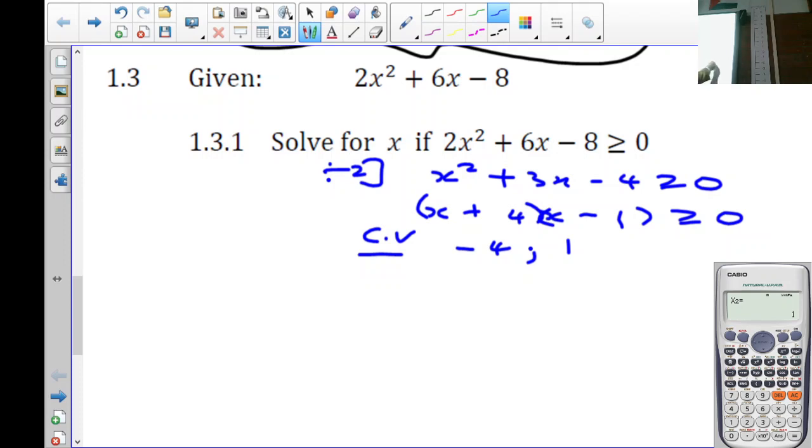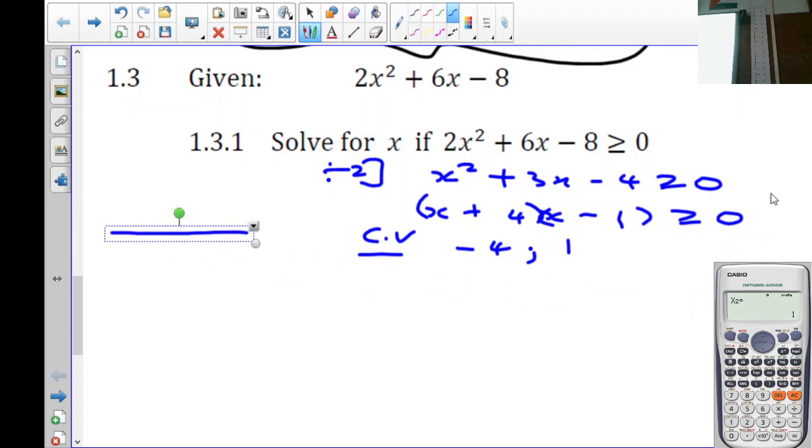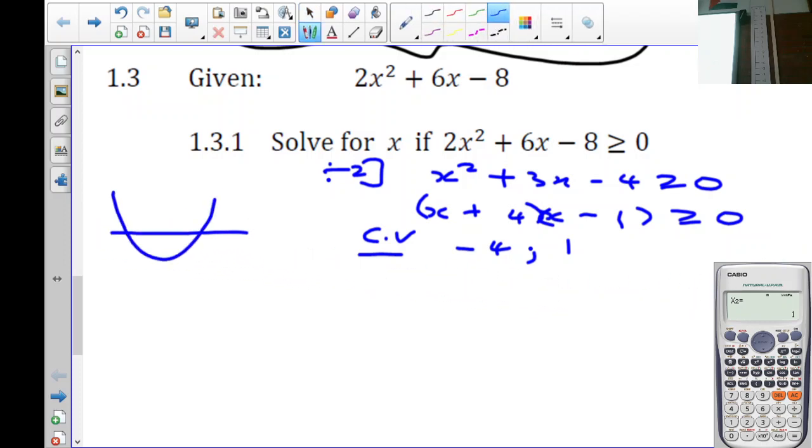Alright? So we do it using the calculator. Of course we got negative 4 there and 1.